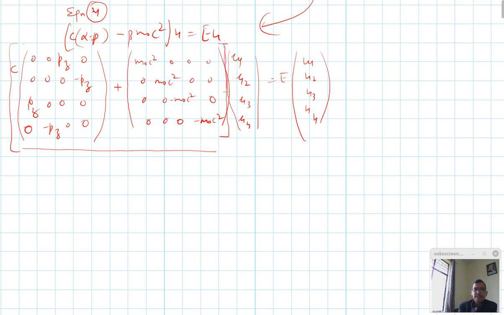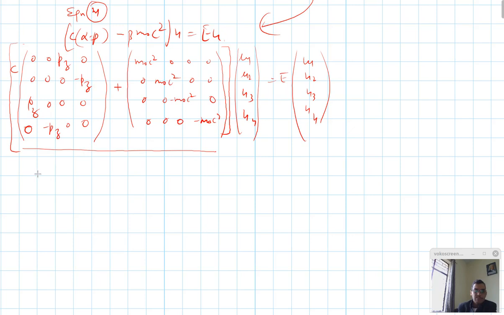So it is like this. This is like this, right? And then u1 u2 u3 u4, then let me club these two matrices.